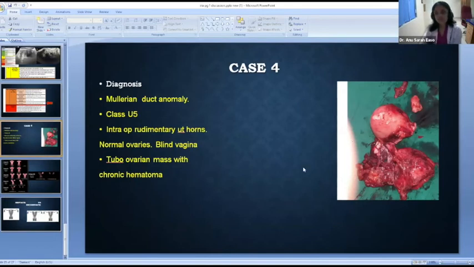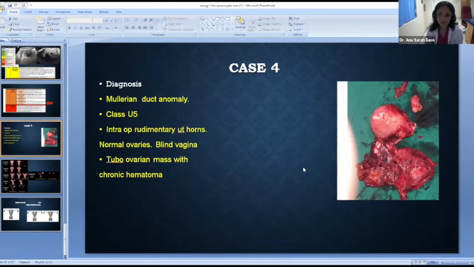So this case was immediately taken for surgery because she had very bad abdominal pain, and as we pointed out in CT, there was a Mullerian anomaly, and the vagina was blind ending. The cervix was not seen. Part of the uterus, probably a rudimentary horn, was seen.